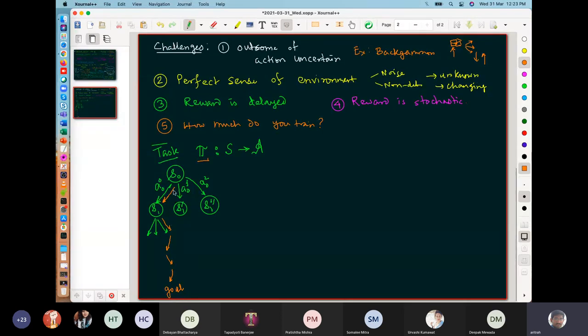So this orange path is a policy, and I need to see that from state S0, if I take an action A0, how do I evaluate that through this policy pi? If I take an action A0, what is my cumulative reward?